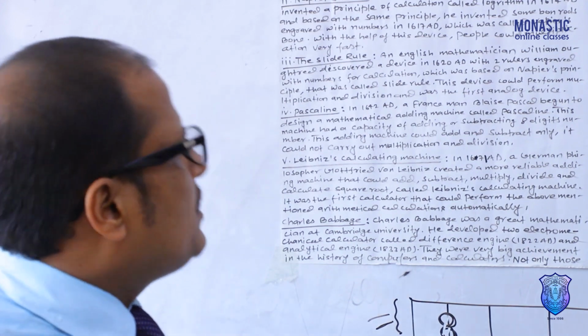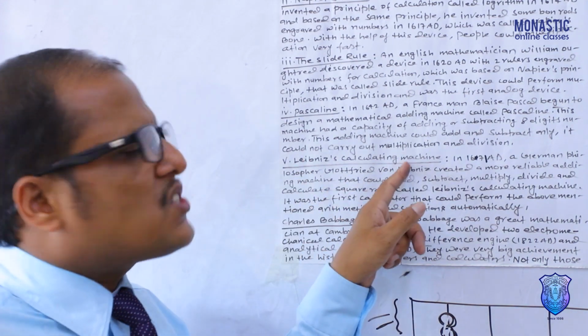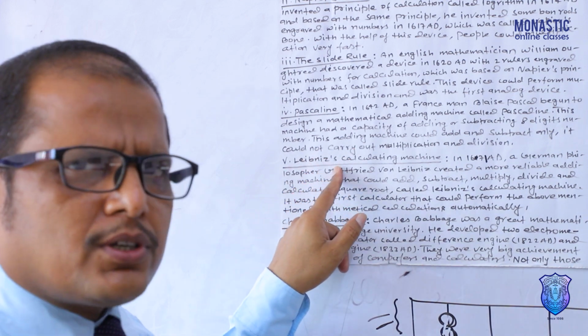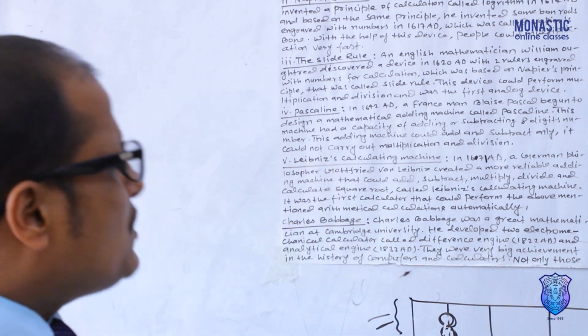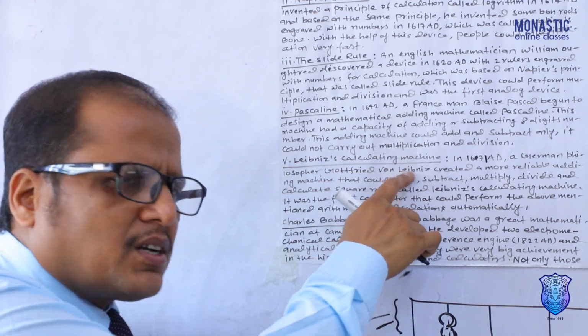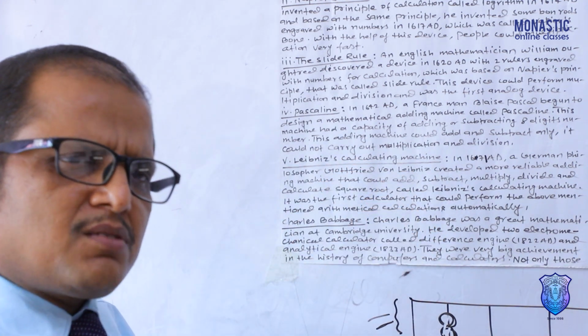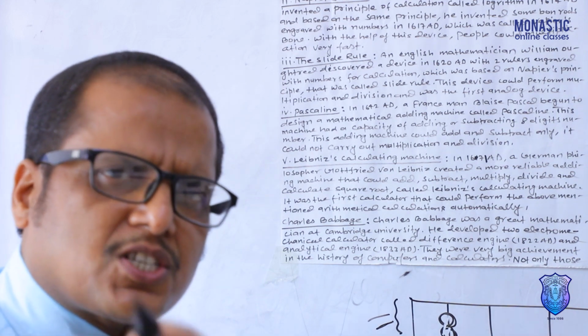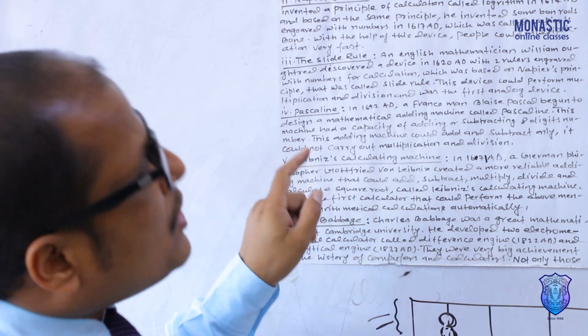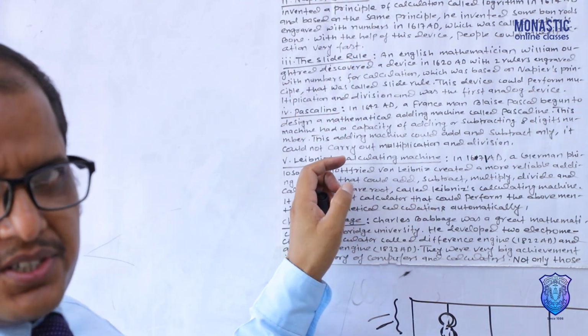This device is called the Leibniz calculating machine, and is also called the stepped reckoner. By using this device, people could perform addition, subtraction, multiplication, division, and square root, and it is the first mechanical calculator.